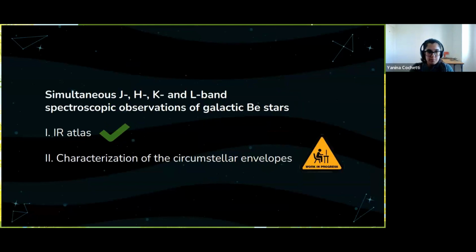This was published in an article, simultaneous JHKL-band spectroscopic observations of galactic Be stars, Part 1, which involved this infrared atlas that I mentioned. Now we are working on characterizing the circumstellar envelopes more deeply than just with these diagrams. We want to analyze each of these spectra and each of these envelopes.